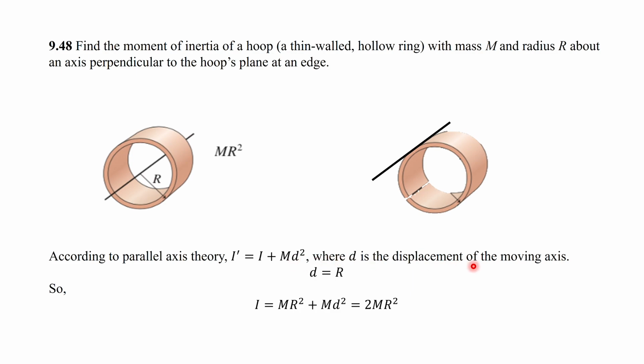D is the displacement of the moving axis, from the center to the edge, so the distance is r. So d is equal to r. We plug in r here, and we have 2 times mr squared.